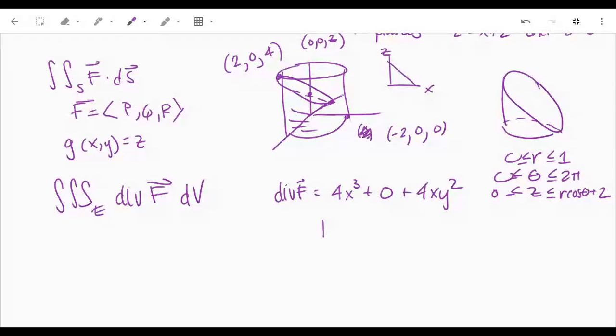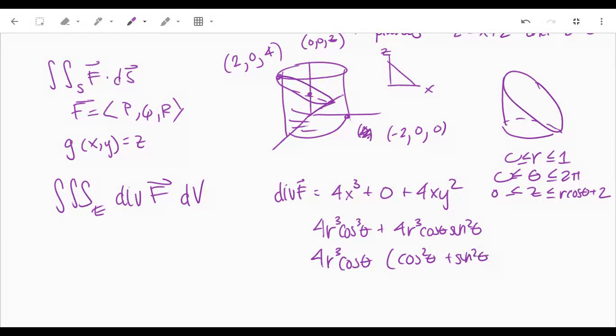So we're going to have 4r cubed cosine cubed theta plus 4r cubed cosine theta sine squared theta. And we can use that same idea that we did in the previous problem. I can factor out a 4r cubed cosine theta, left with cosine squared theta plus sine squared theta, which is 1. Makes it easier.